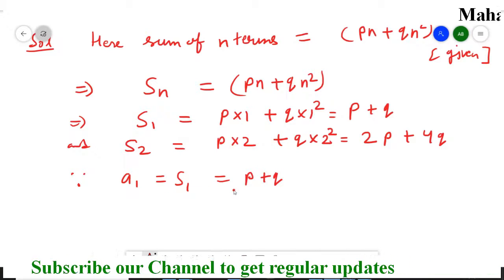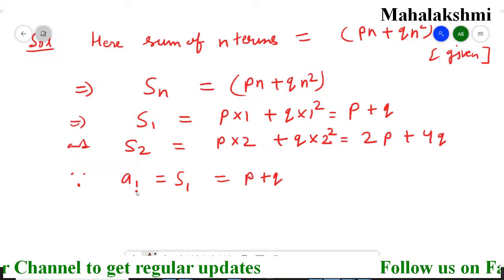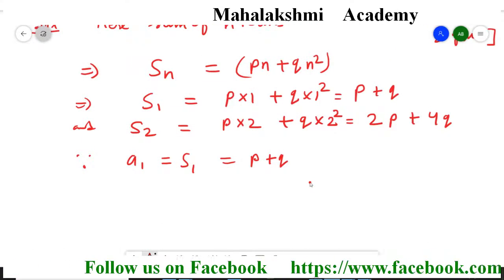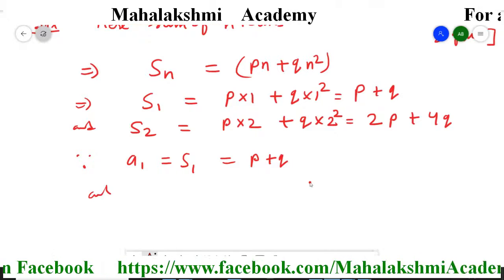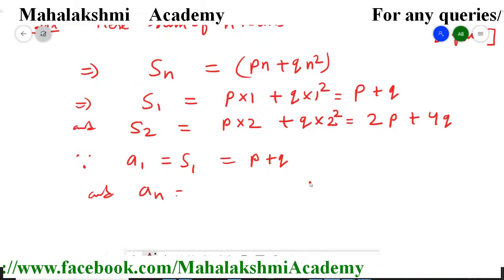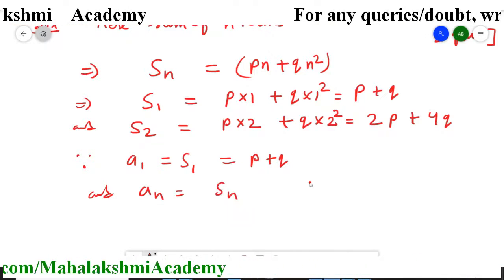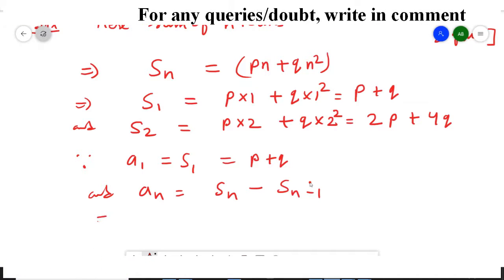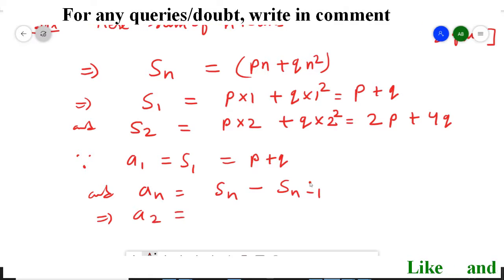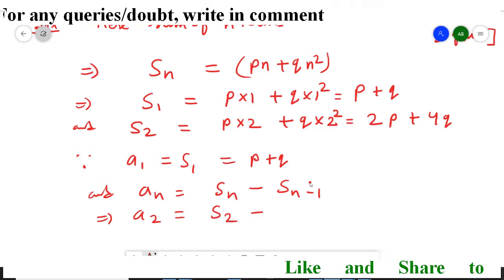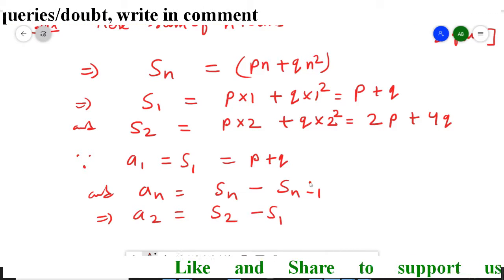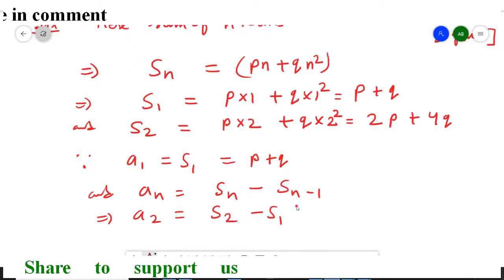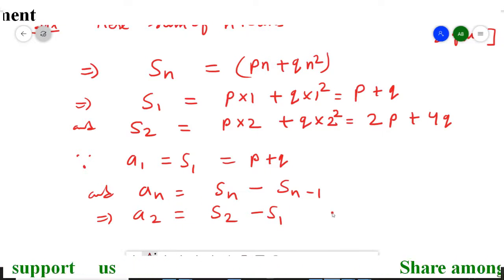Sum of one term means first term only, so indirectly it's the first term, that is P plus Q. Now you had one more formula in our 10th class, that is An equals Sn minus Sn minus 1. Now from here if I want the A2 formula, it's going to be A2 equals S2 minus S1. This formula we also used in 10th class.